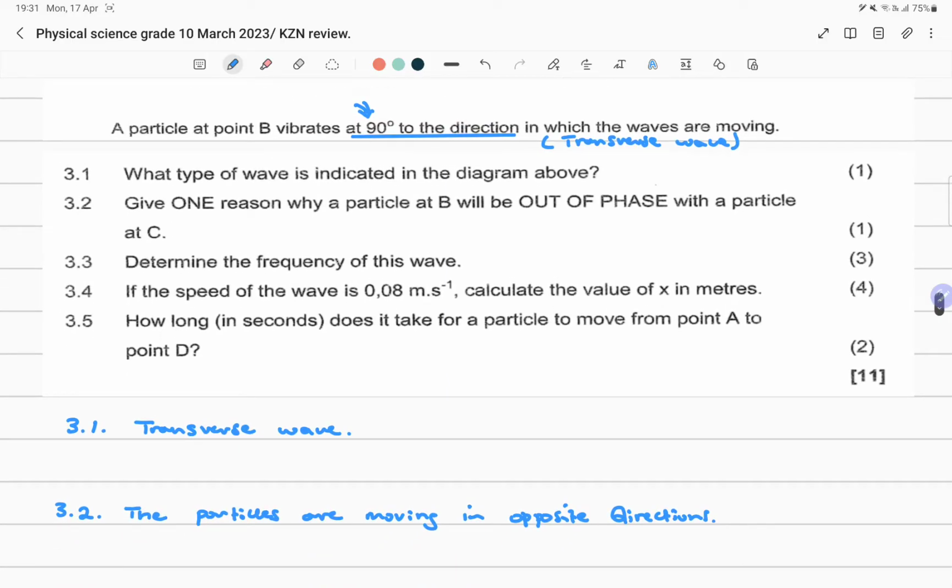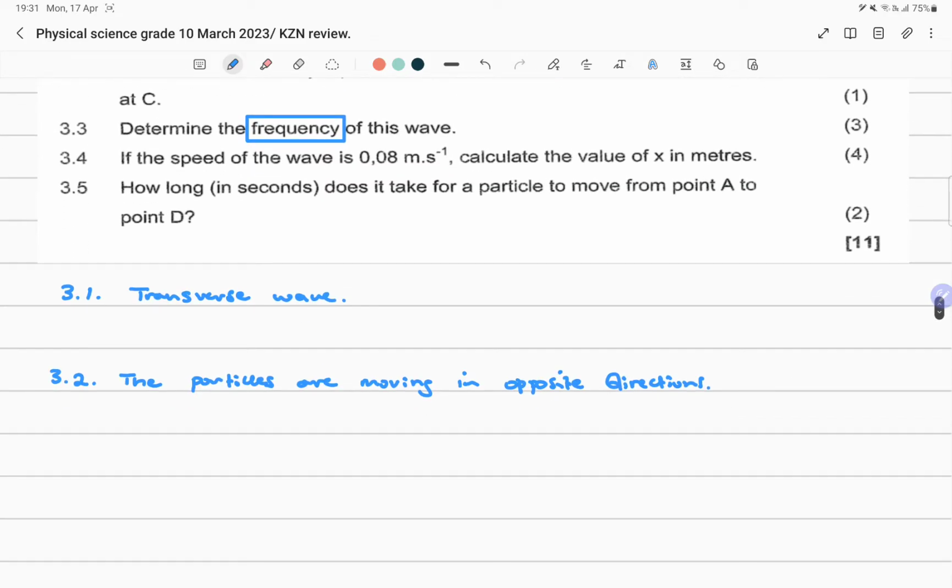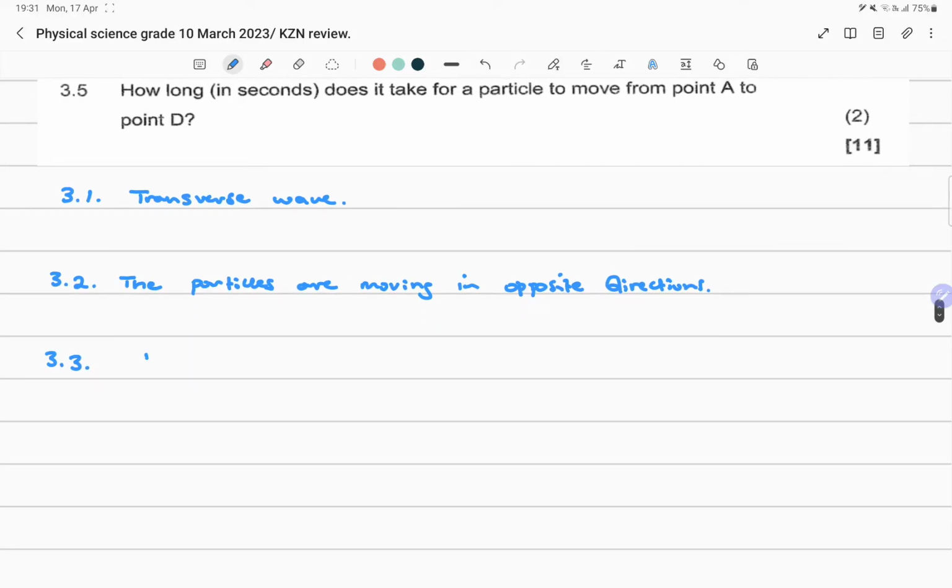Now it says determine the frequency of this wave. So we want the frequency. We've been given the period, so it's a standard 3-mark question. 3.3, we know that frequency is inversely proportional to the period. So we use that equation. It's there in your formula sheets. So this is 1 over 2,5.